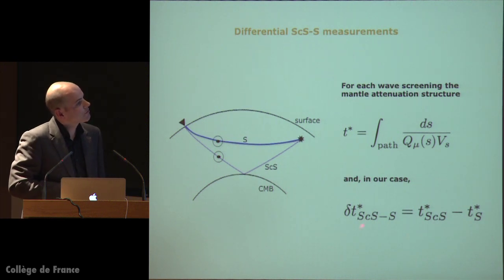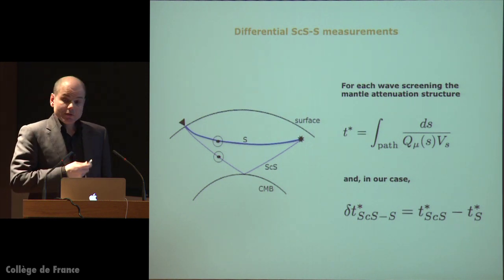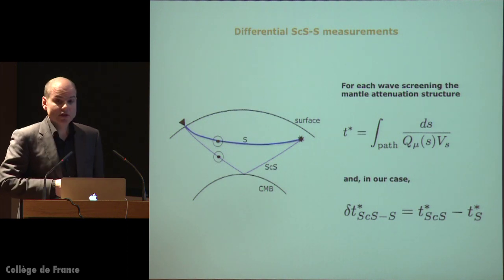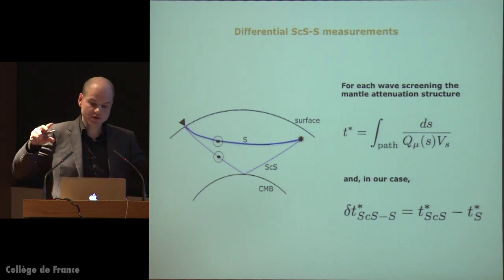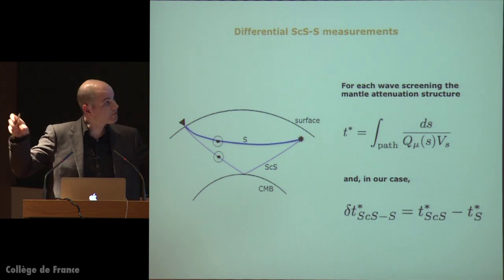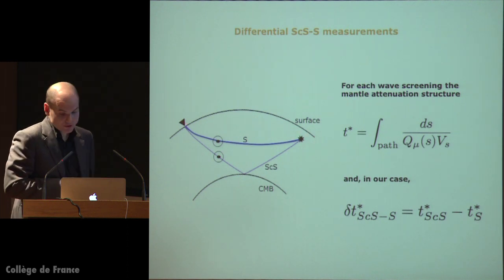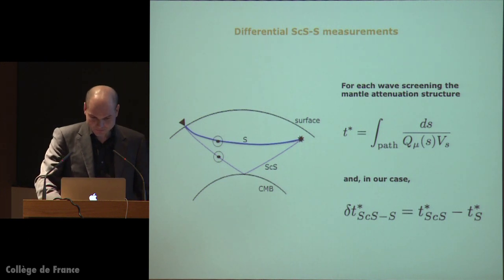And using the differential T stars, what I will call delta T stars, the advantage will be that it will screen mostly the deep mantle, and it will avoid the local structure, the surface structure close to the epicenter and close to the surface, because it's a differential measurement.